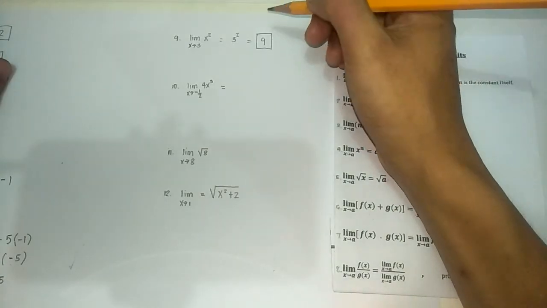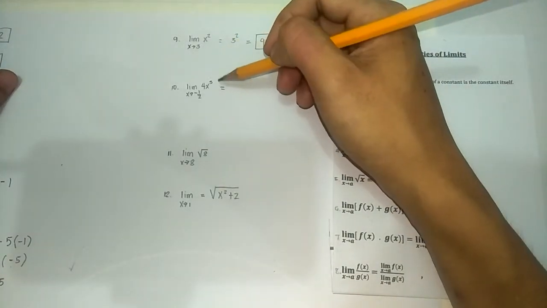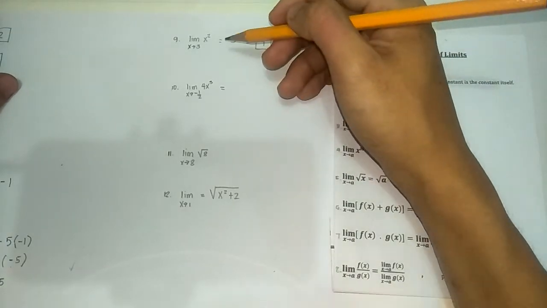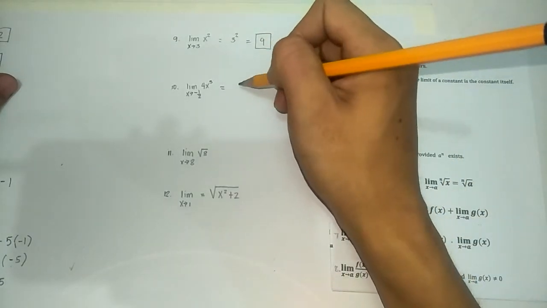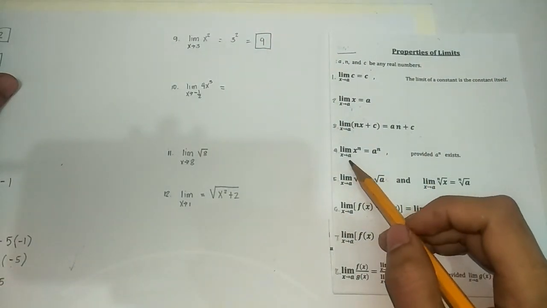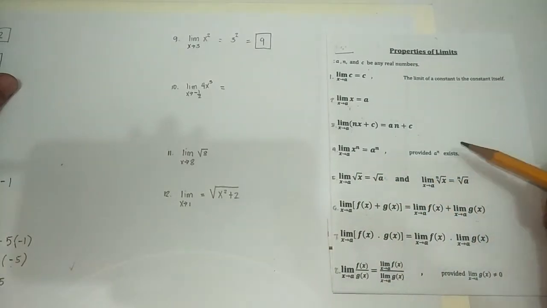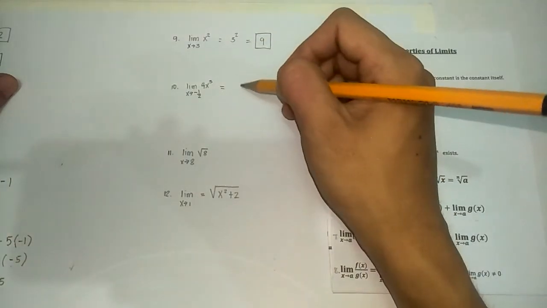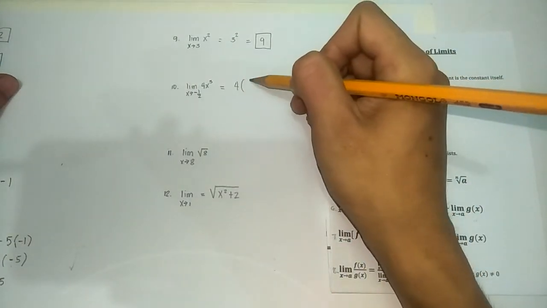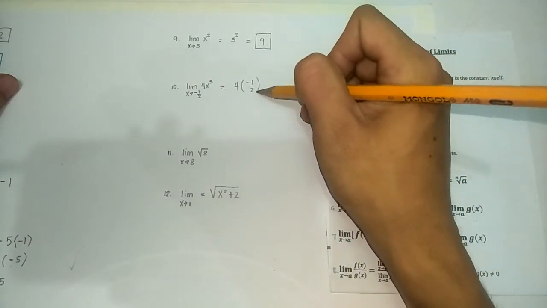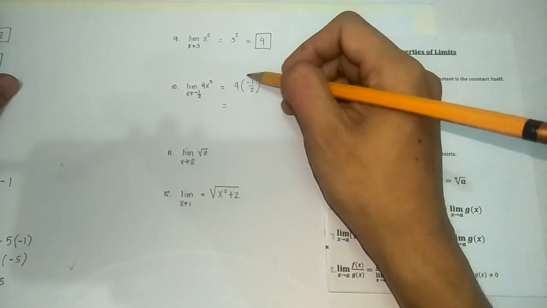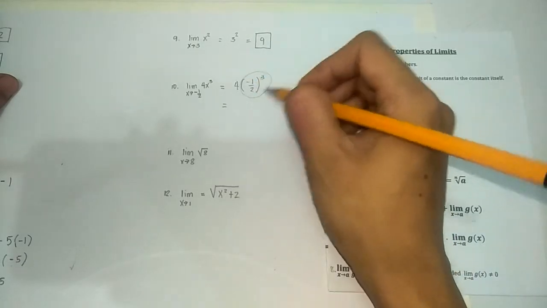Okay, next, number 10, we have the limit of 4x cubed where x approaches negative 1/2. So let us now use the property of limits number 4, provided a to the power of n exists. So 4, substitute lang natin yung negative 1/2 sa x natin and then to the power of 3. Then simplify first itong portion na to.